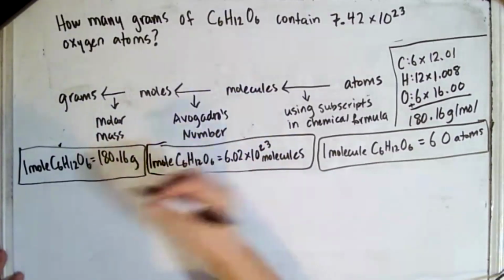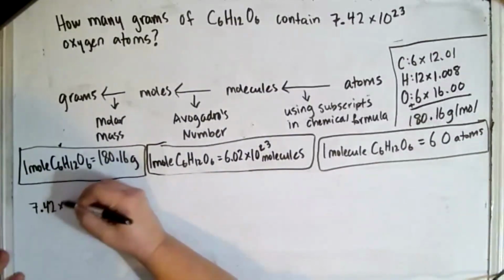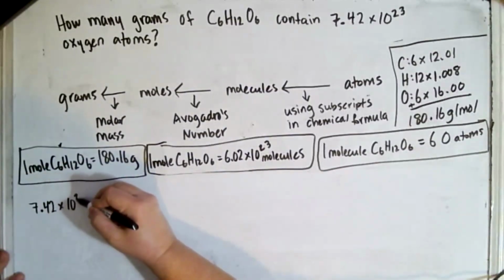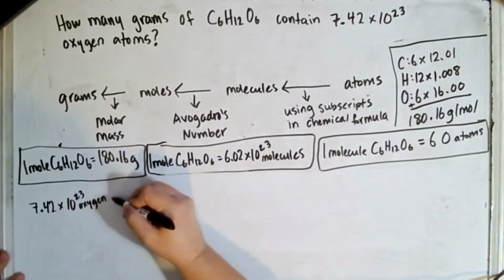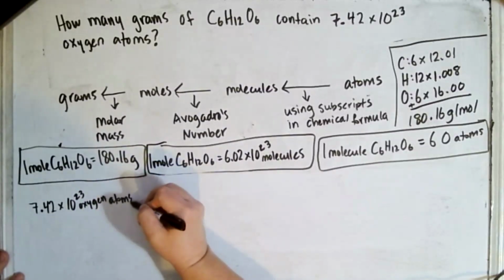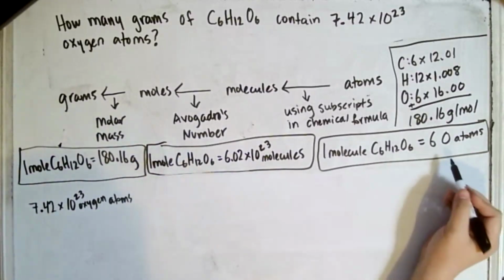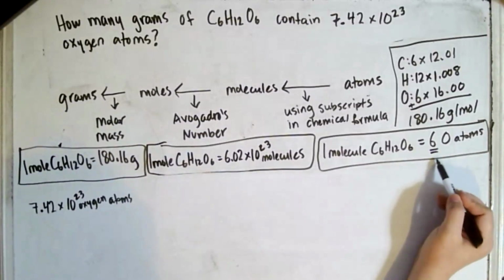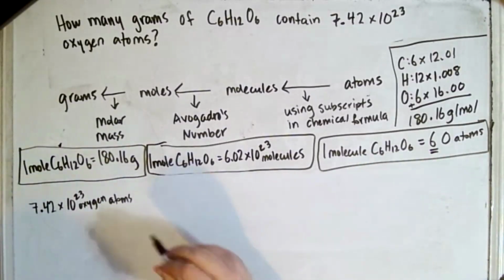Okay. So in this question, our starting information is our 7.42 times 10 to the 23rd oxygen atoms. And our first step in this case is going to be to recognize that there are 6 oxygen atoms in every one molecule of our glucose.